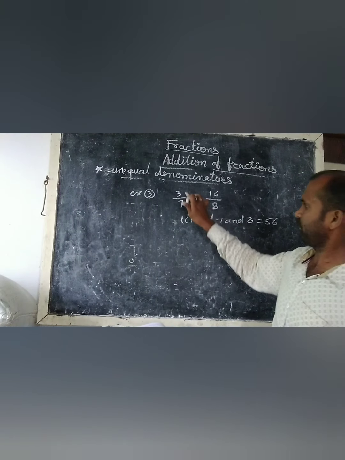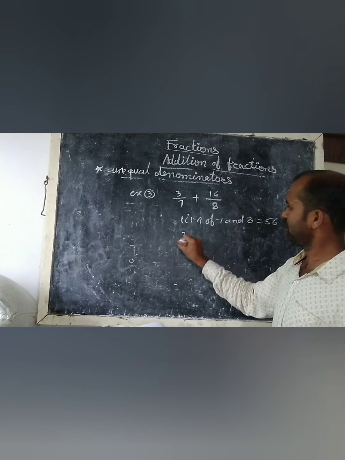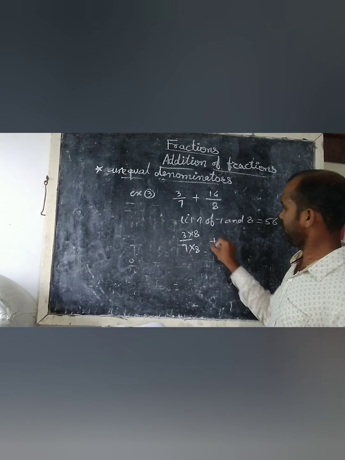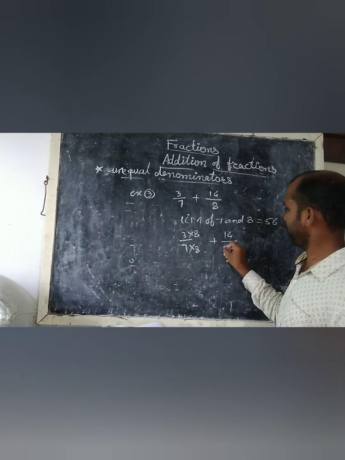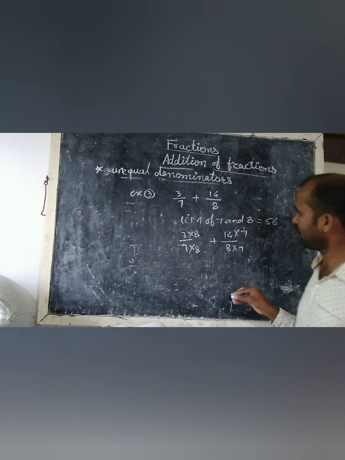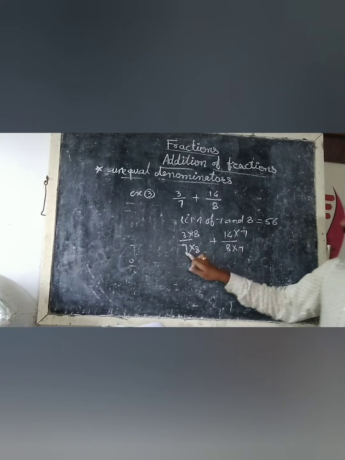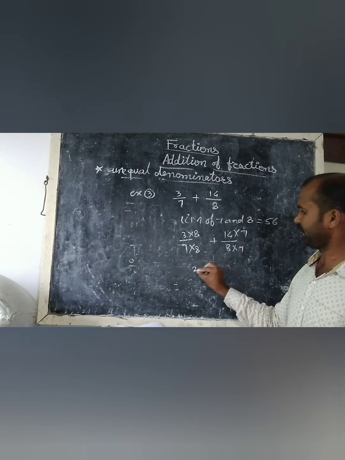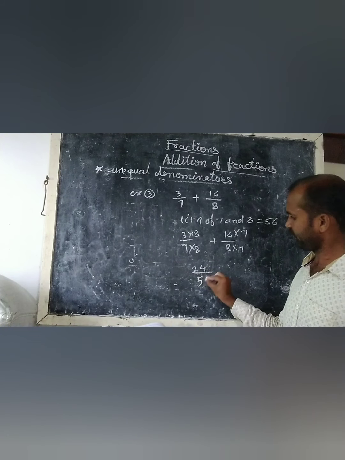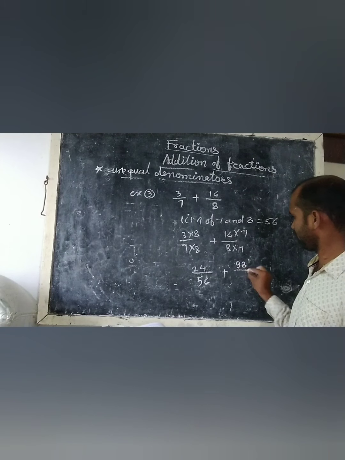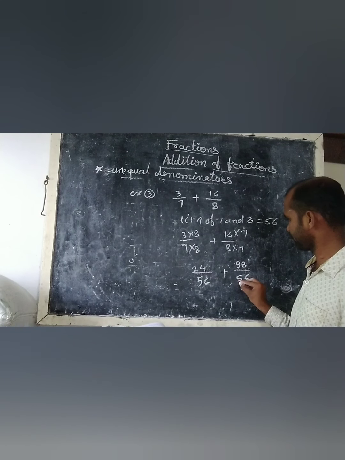So here this whole fraction we have to multiply by 8, and 14 upon 8 we have to multiply by 7. Now 7 eights and 8 sevens, you will get equal denominators. 3 eights are 24 upon 56, and 14 sevens are 98 upon 56.